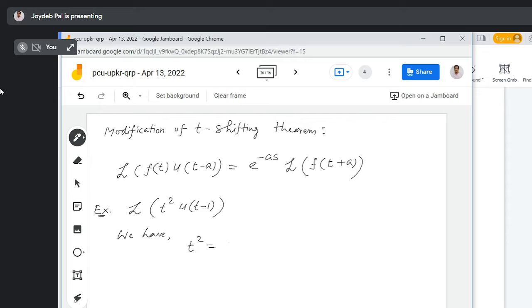Can I write t square as t minus 1 plus 1? Yes, sir. Now assume t minus 1 as a single term and then expand it using the formula of a plus b whole square. So what will it be?